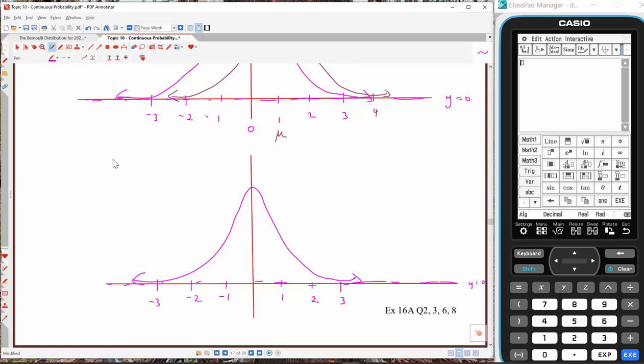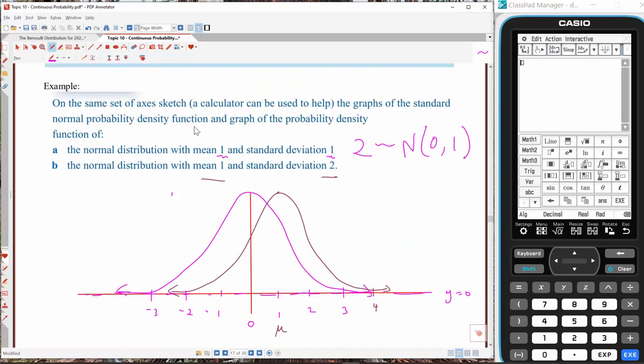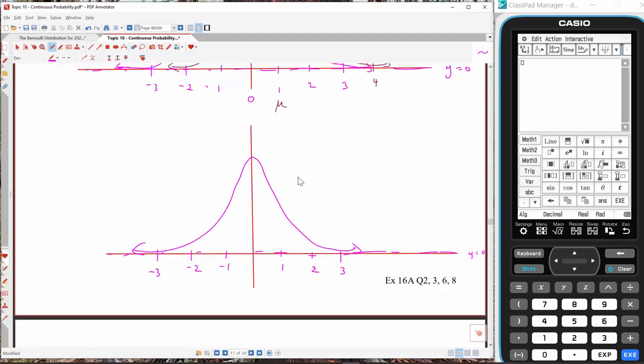That's a little bit naughty of me, so again, make sure you pay attention to your graphs. All right, now what they want us to do now is also sketch a normal distribution with a mean of 1 and a standard deviation of 2. Here's the standard normal distribution curve here. Now what I'm going to do is pop in another one that has a mean of 1, and it's going to have a standard deviation of 2. Now what does that mean?